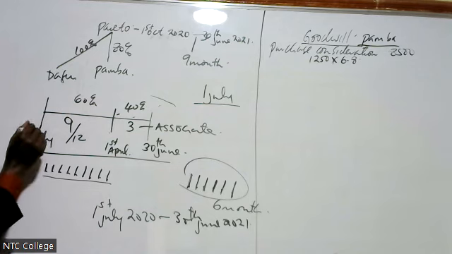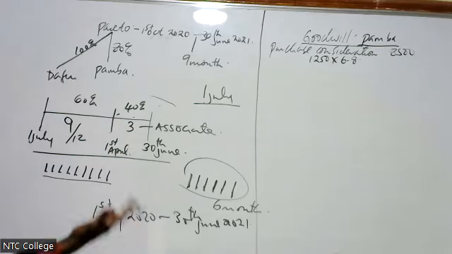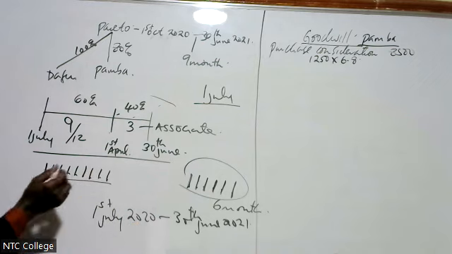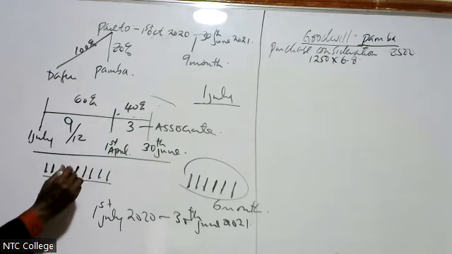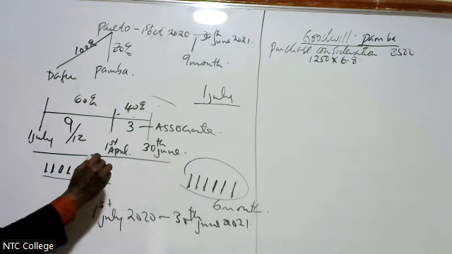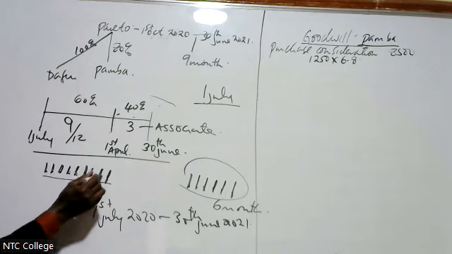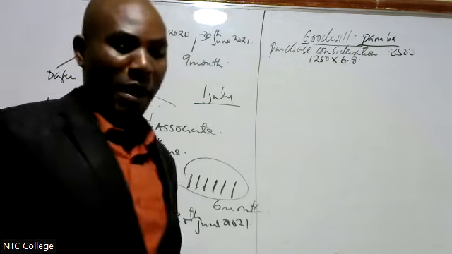We start the year on 1st of July, up to 1st of April, that is we end March. July, August, September, October, November, December, January, February, March. When you count 1, 2, 3, 4, 5, 6, 7, 8, 9, that is 9 months.